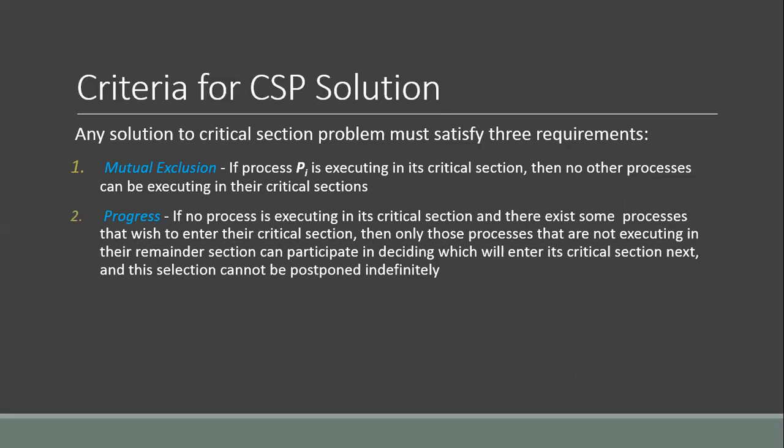So the selection of which process will be allowed to enter the critical section must be made from the set of two processes, P1 and P2, because these are the two processes who are waiting to enter their critical section. The rest of the two processes, P3 and P4, don't want to execute their critical section.